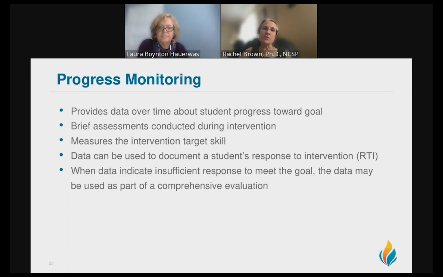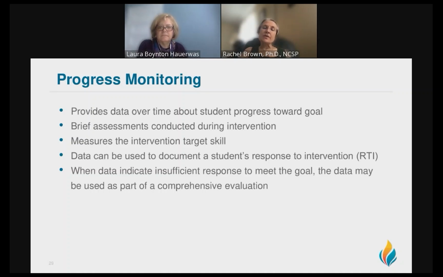This connects with that component of special education rules that I mentioned earlier, where we are allowed to use progress data collected during intervention as a component of documenting whether or not a student meets the criteria for dyslexia and a specific learning disability.